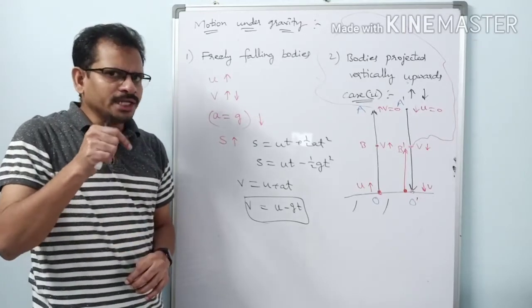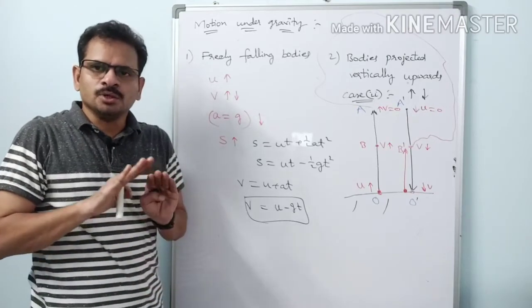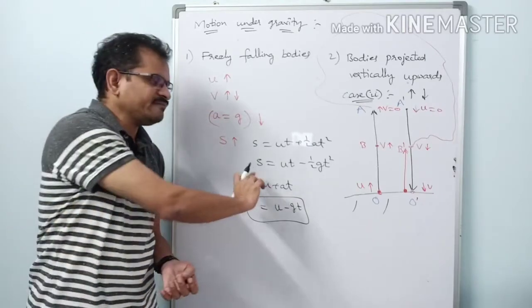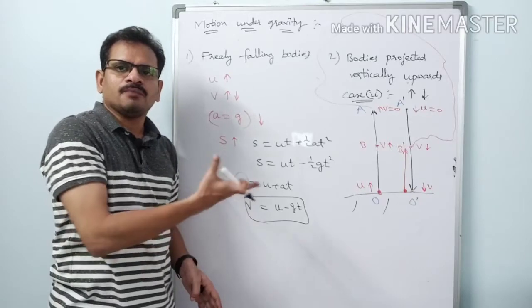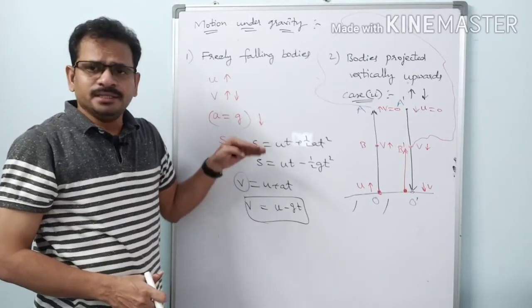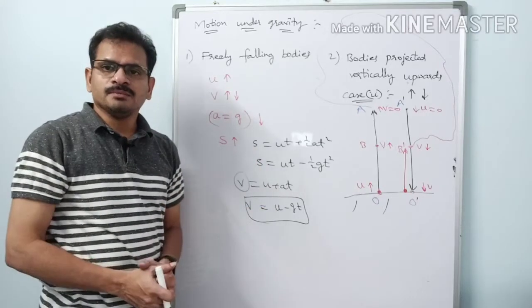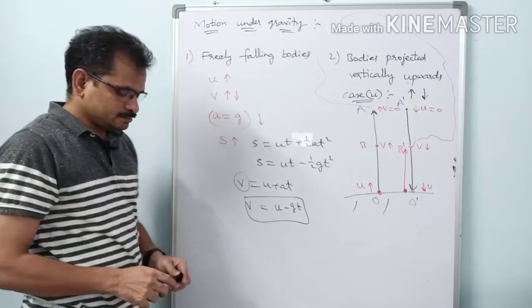Even if it is upwards or downwards, don't bother. Write the symbol of that quantity like this. The remaining physical quantities in the expression decide if this quantity is in upward direction or downward direction. You can understand this in a better way while solving problems. In the next video I will come with the problems. Be in touch.